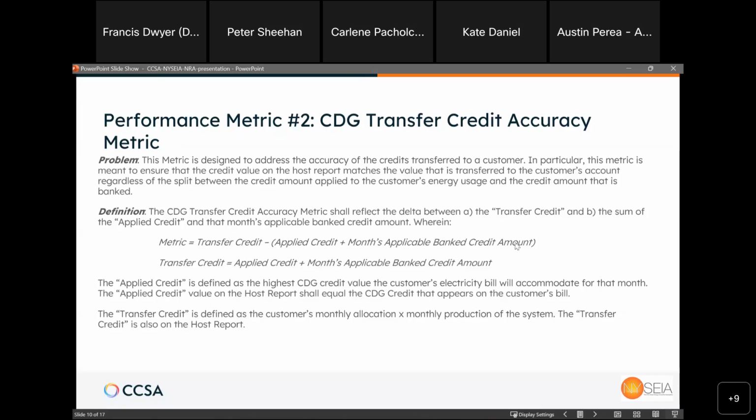And to be very clear, we're looking at instances where the transfer credit amount does not actually reflect what is on the customer's utility bill. In some instances, while the customer might receive $100 worth of credits and be able to consume all of that, we have seen instances where some of that credit amount is banked. And so we want to be addressing that within this metric as well.